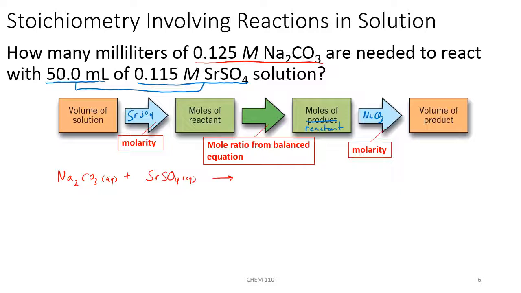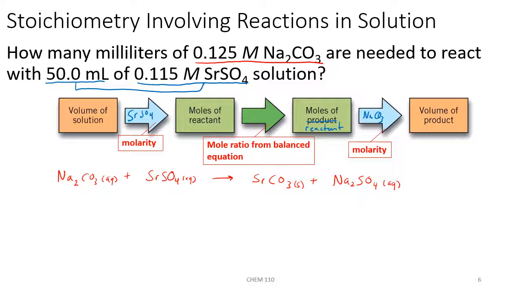And this would be a double replacement type reaction, so our products will be our strontium carbonate, and strontium is a +2 and carbonate is a -2, and our other product will be sodium sulfate, Na2SO4. And if we were to look at our solubility rules, our sodium sulfate would be aqueous and our strontium carbonate would end up being a solid precipitate.